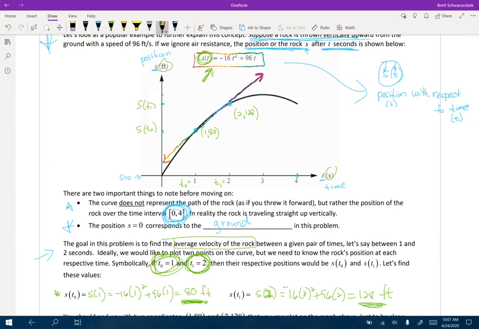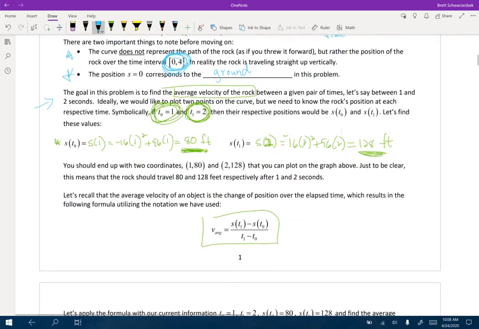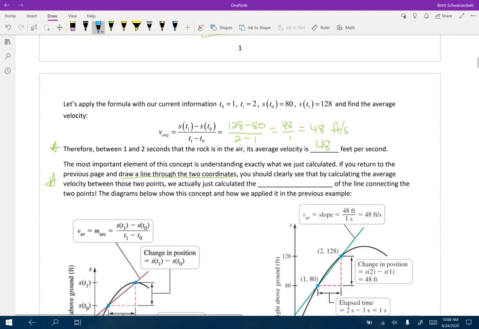If I have 2 points on a line, and I do y2 minus y1 over x2 minus x1, what did I just find? Hopefully, right now you have big sirens going off in your head. That is the formula for slope that you've known for a very long time.